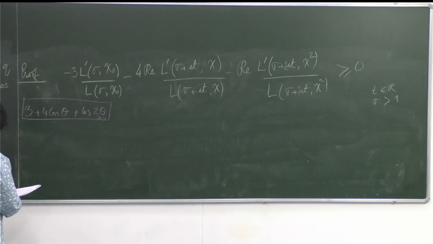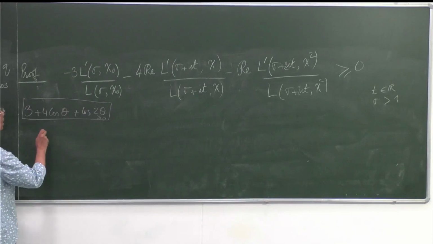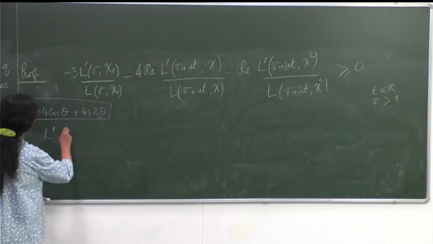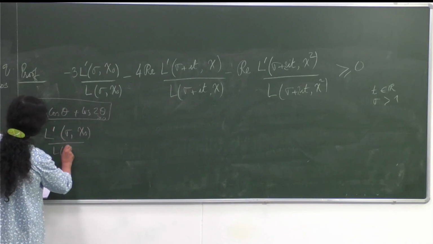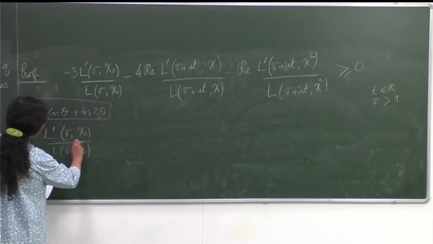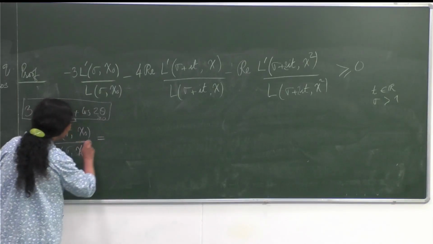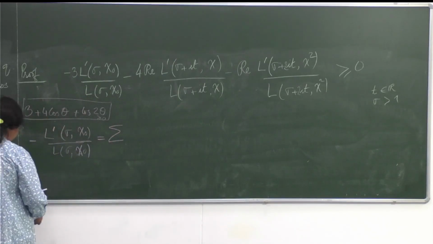All right. So now I'm going to take these terms, L prime sigma chi 0 divided by L sigma chi 0. What is this? We talked about it several times. Let's take the negative here. This is equal to, help me, an infinite sum of what?